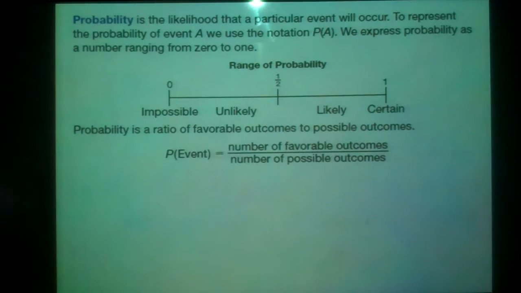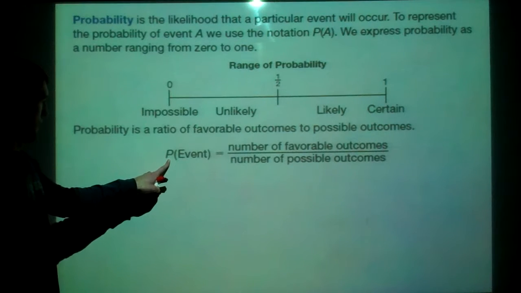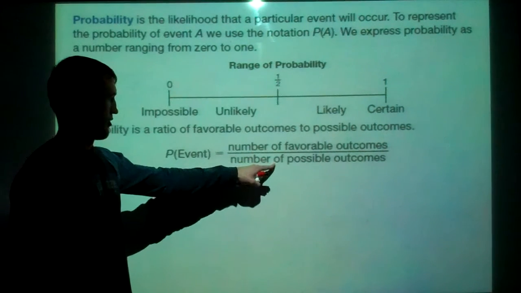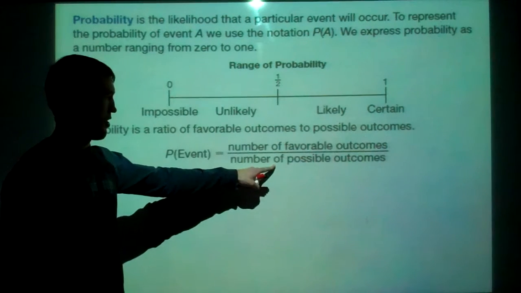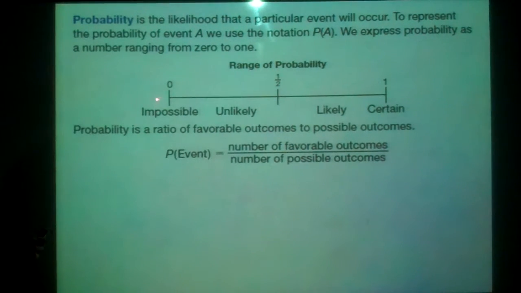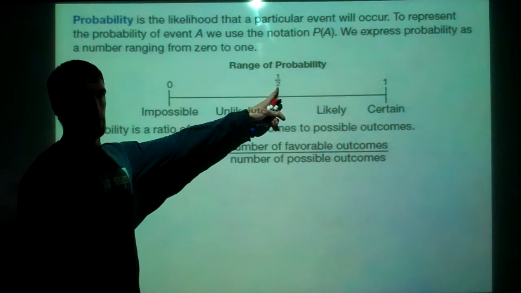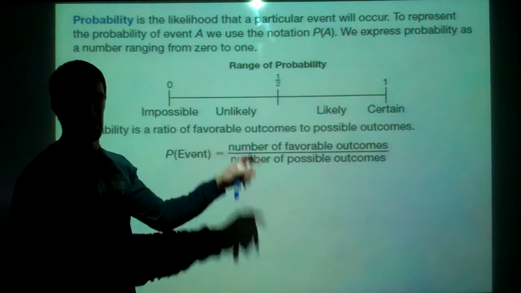Okay, so let's say we get the probability of an event of 0 out of however many outcomes there are, that would be an impossible event. So the probability of 0 means that can't happen. We say anything less than half or 50%, we would say that's unlikely.